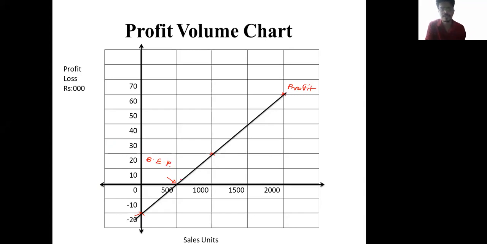In this graph, we cannot identify the sales value, we can only identify the break even sales units. Here 500 you can see, and through this graph we can identify this area as the loss earning area, and this area is the profit earning area.